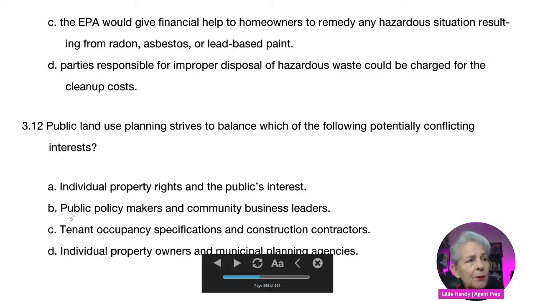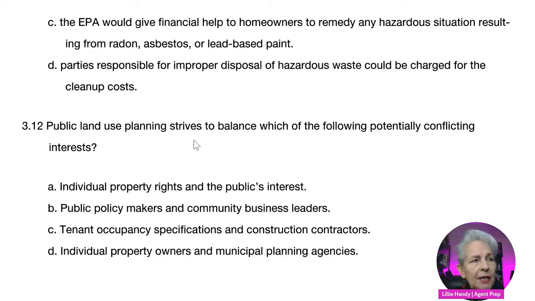All right, number 12. Public land use planning strives to balance which of the following potentially conflicting interests? So every city has planning and zoning departments, right? A, individual property rights and the public's interest.